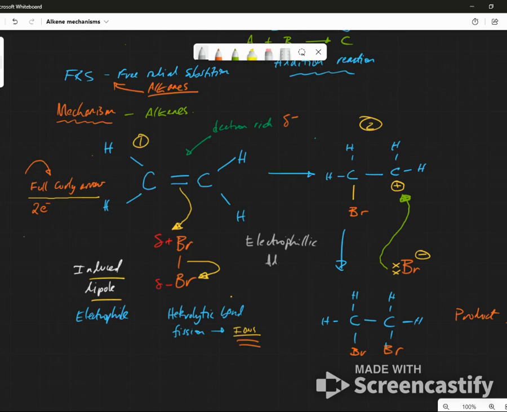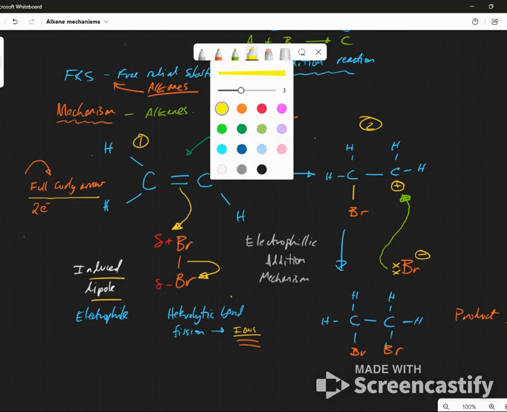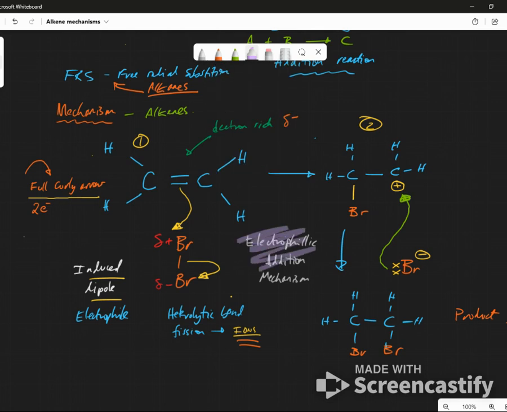So this is known as an electrophilic addition mechanism. The first mechanism was free radical substitution. The second mechanism is electrophilic addition. And it's what happens when double bonds react.